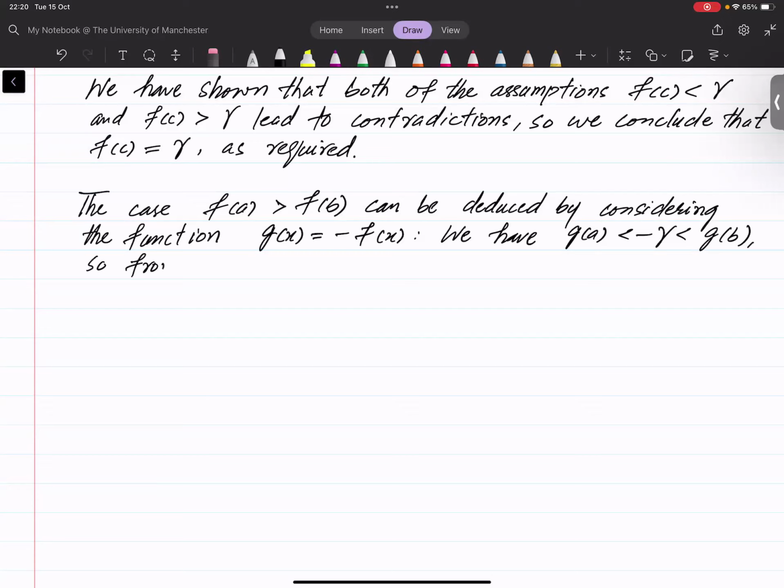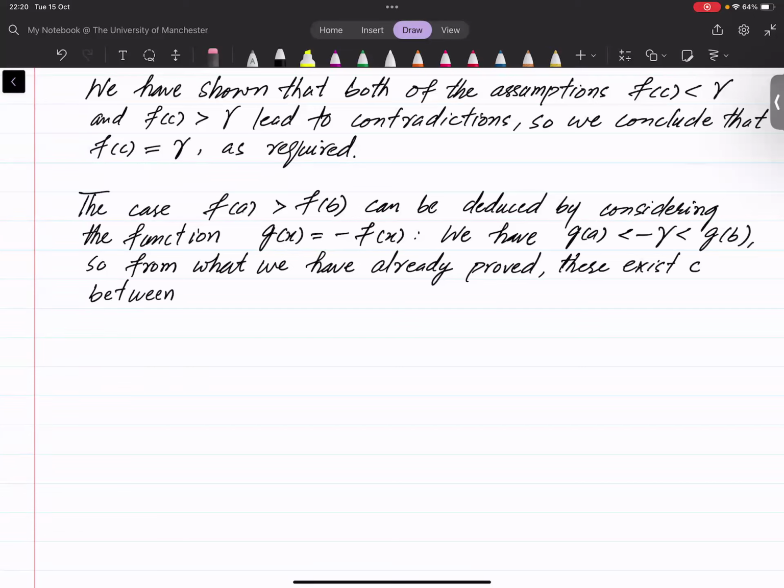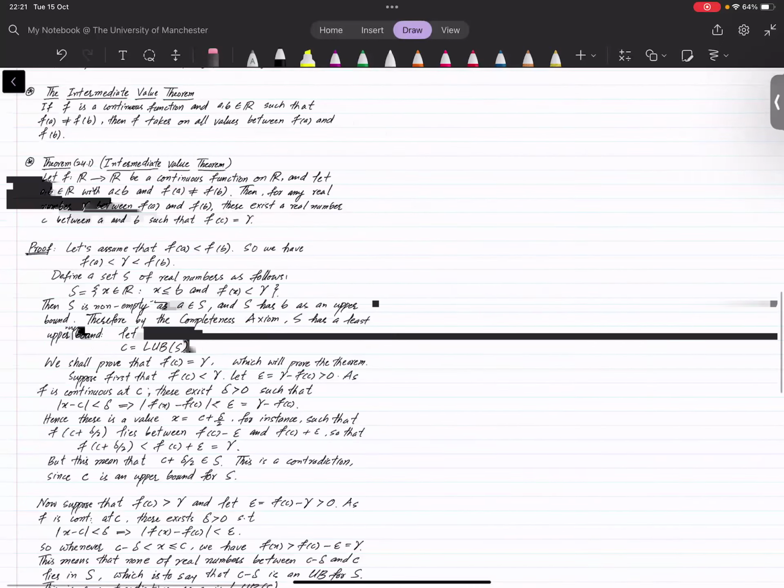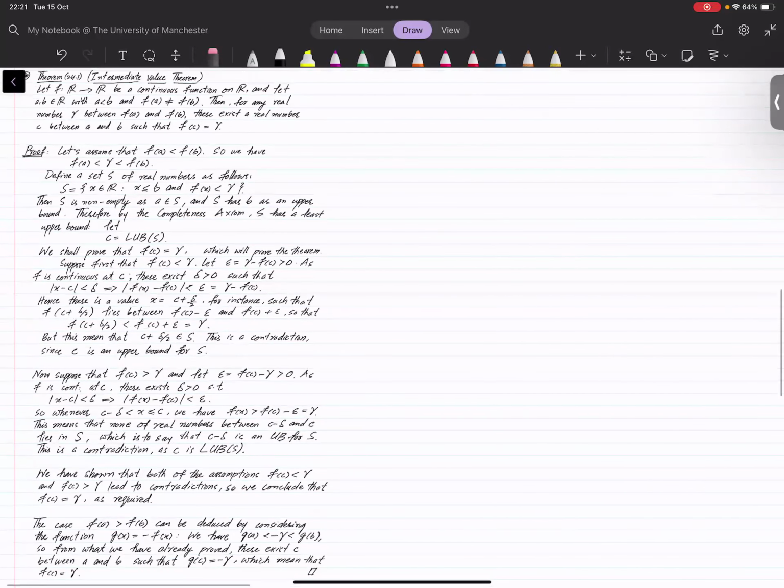So from what we have already proved, there exists c between a and b such that g of c is minus gamma, which means that f of c is gamma. And this proves the theorem.